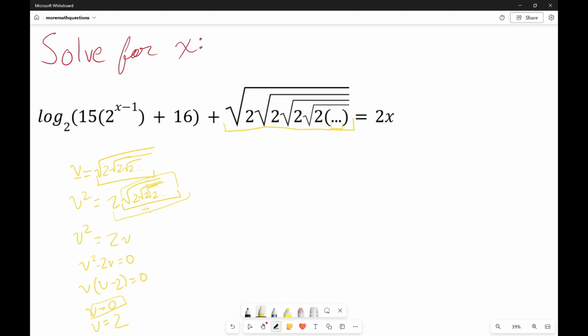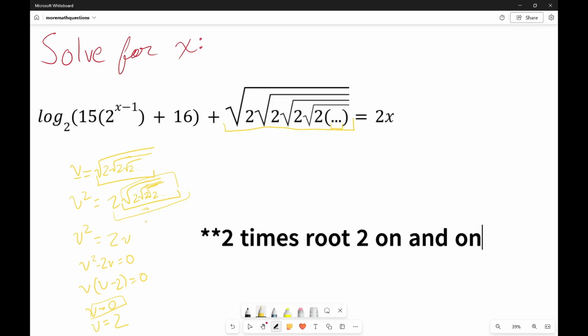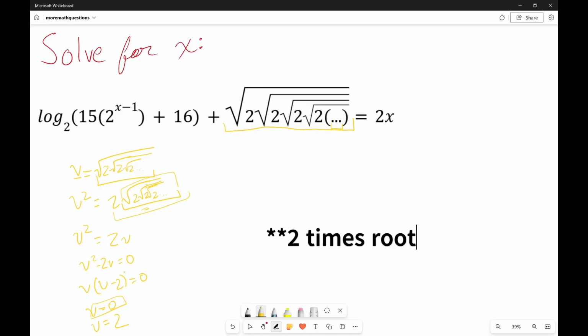However, it cannot converge on 0 because there still is root 2 times root 2 on and on and on and on, which will not give you 0. Okay, so we know that the value of this is just 2. So that is helpful.